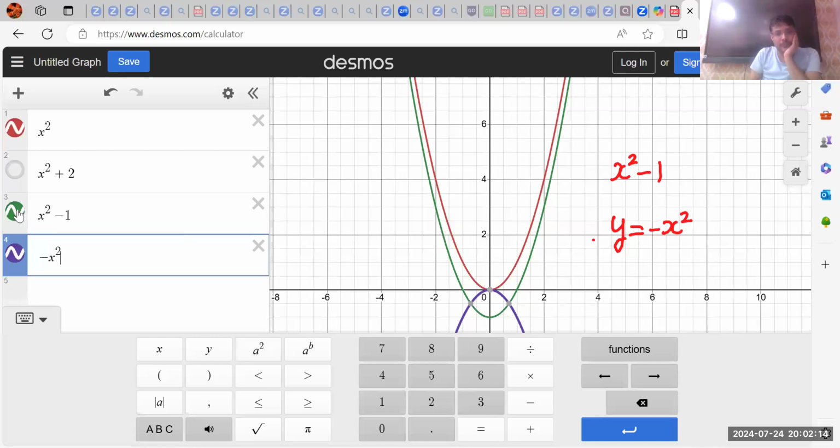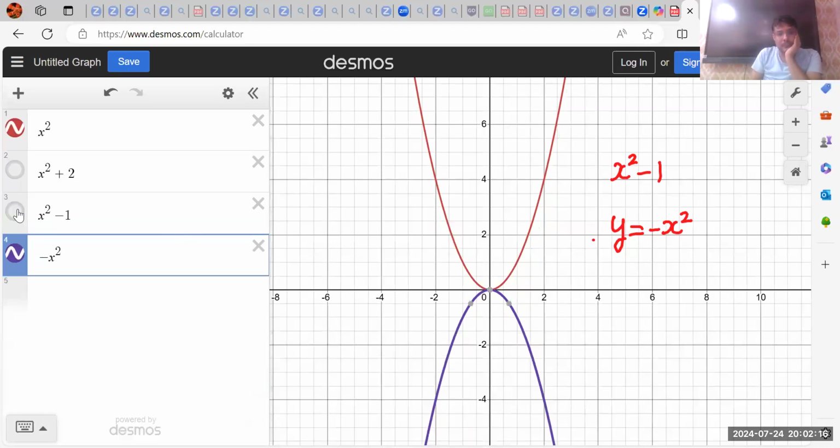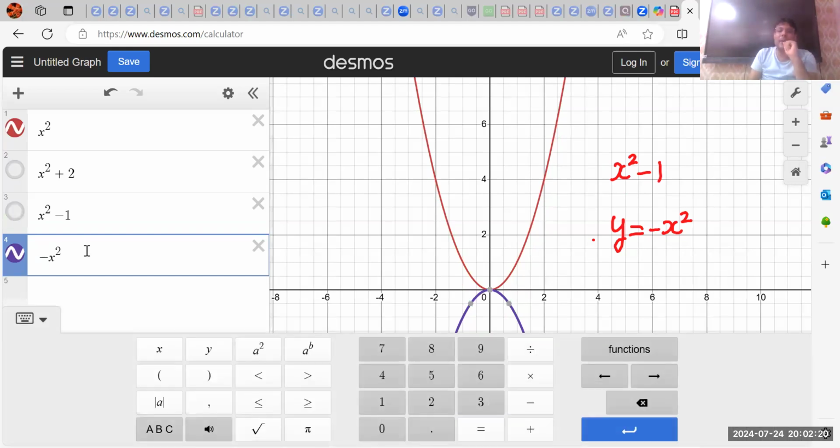Can you see? Now, how will the graph of minus x square plus 1 be? Sir, it will move 1 unit up. So yes, instead of 0 it will shift to 1, 1 unit up.